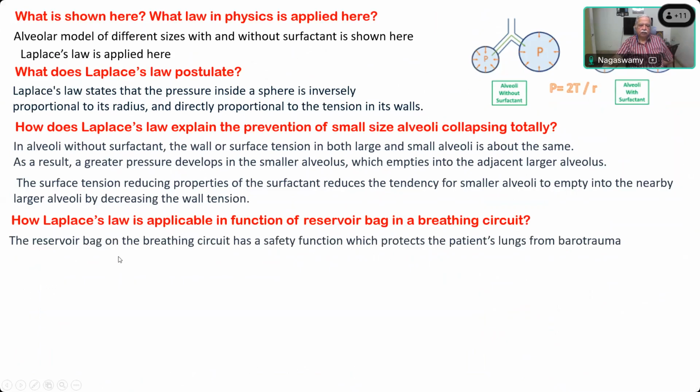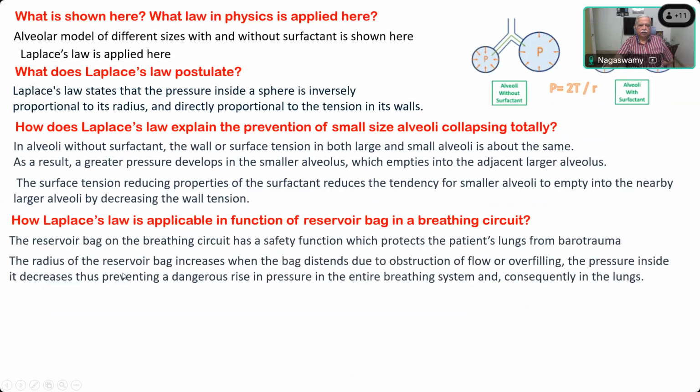What is the purpose of the reservoir bag? As a safety function, it protects the patient's lung from barotrauma. The radius of the reservoir bag increases when the bag distends either due to obstruction of flow or overfilling. And what will happen to the pressure inside when the radius increases? It decreases, thus preventing dangerous rise in pressure in the entire breathing system and consequently in the lungs.